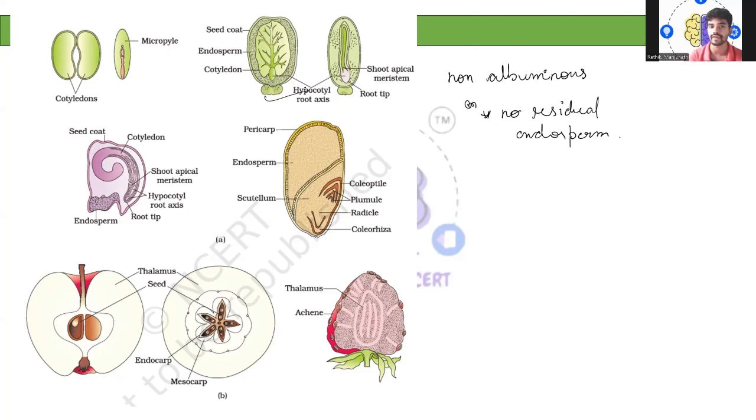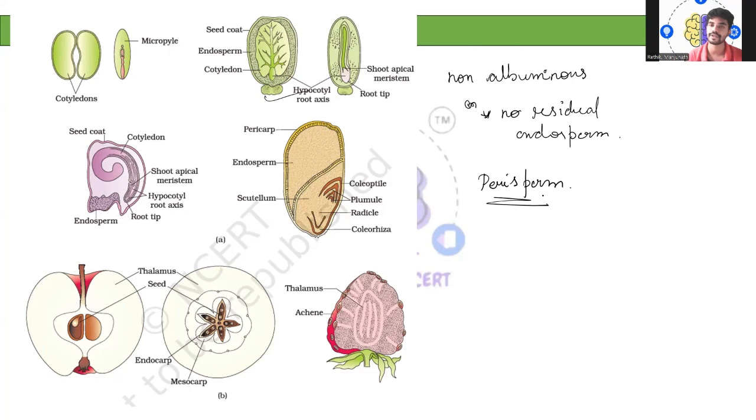And in some, you will actually see a kind of residue of this endosperm. So those are actually called perisperm. Okay. So this residual nucellus is called the perisperm.